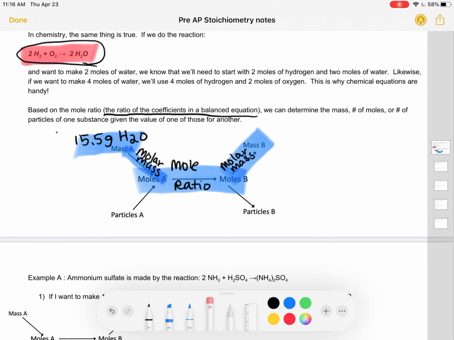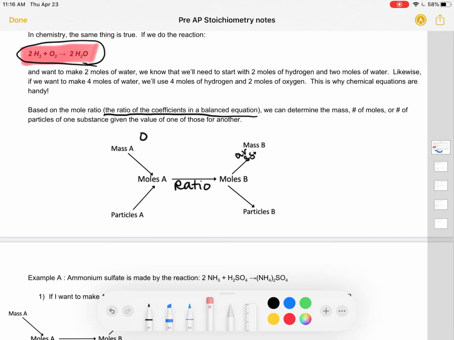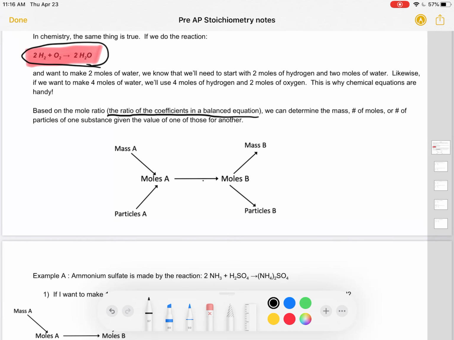So let me just erase what I've got here. If you want to go from moles of substance A to moles of substance B, you're going to have to use your mole ratio. If you want to go from mass of something to moles of something, you're going to need to use its molar mass.